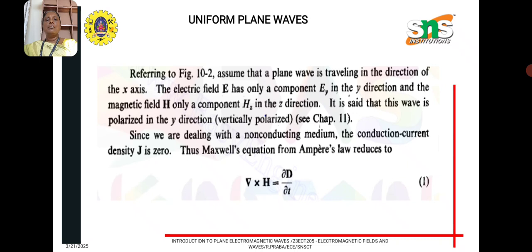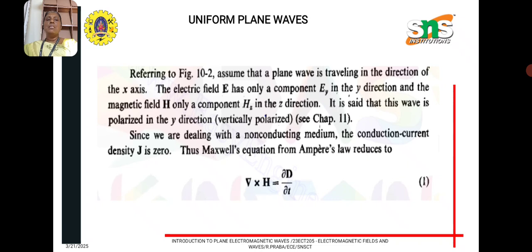For this case, considering the medium is a non-conducting medium or free space, the conduction current density J is equal to 0, because J is equal to sigma E, where sigma refers to conductivity. For a non-conducting medium, conductivity is 0.